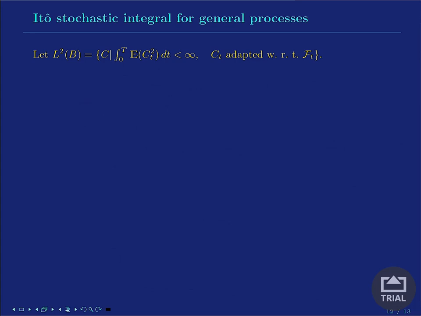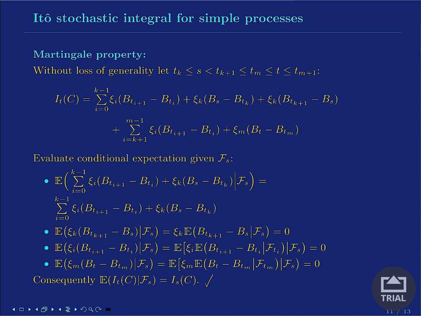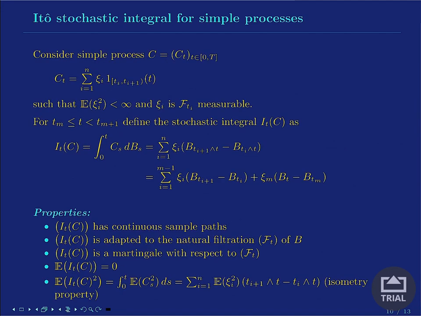Now if we want to generalize this to general processes, we consider, based on this observation, that the second moment of this stochastic process can be written in this form, that we integrate over the second moment of the underlying function.